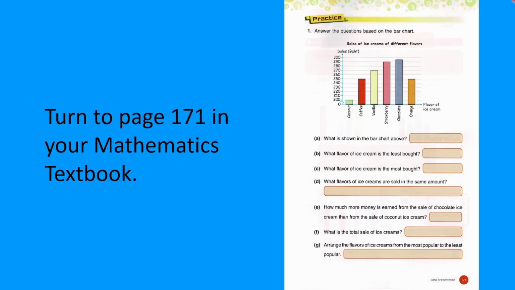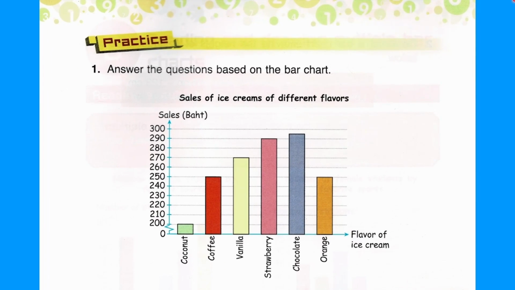Turn to page 171 in your mathematics textbook. Practice. 1. Answer the questions based on the bar chart. Sales of ice creams of different flavors. So here we have the bar chart.